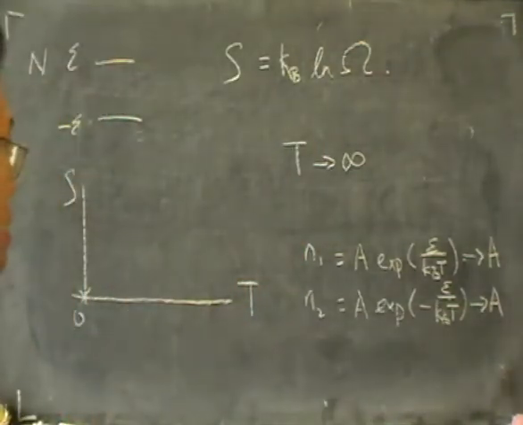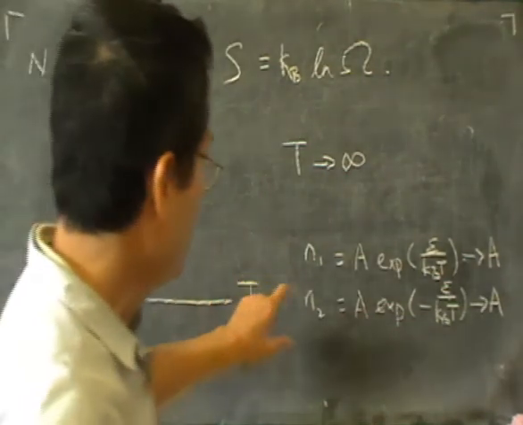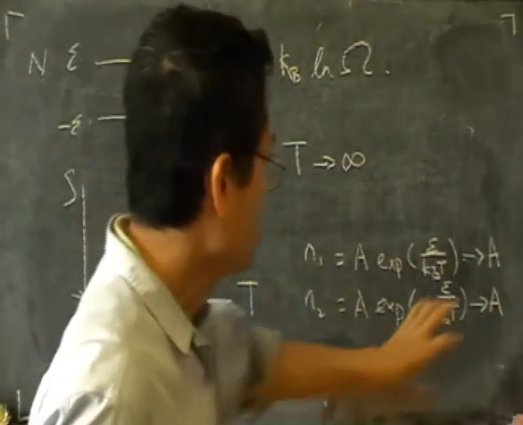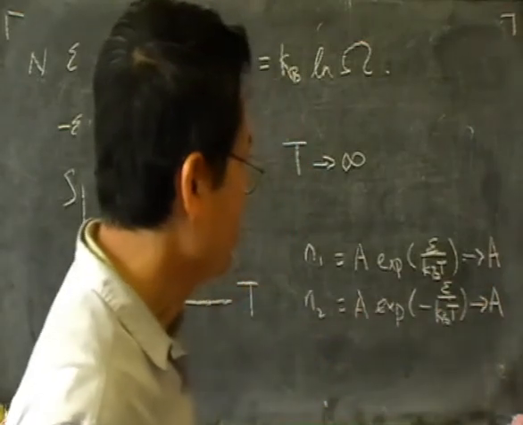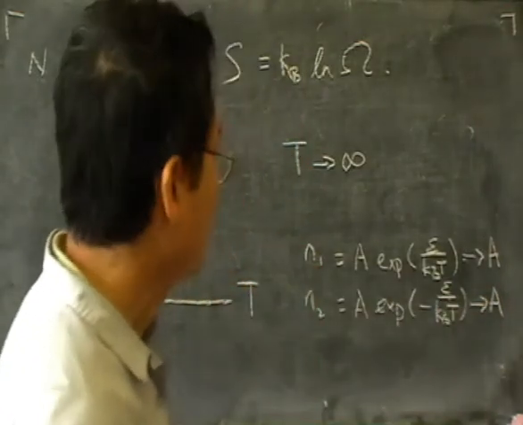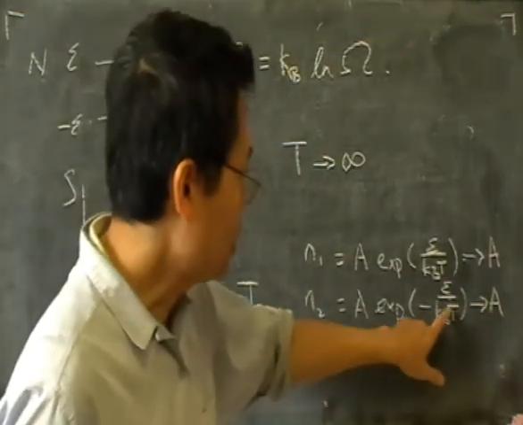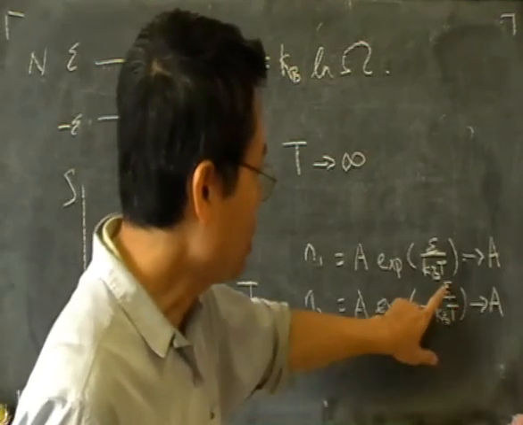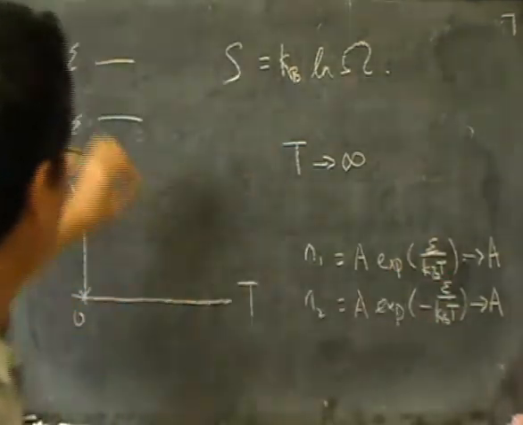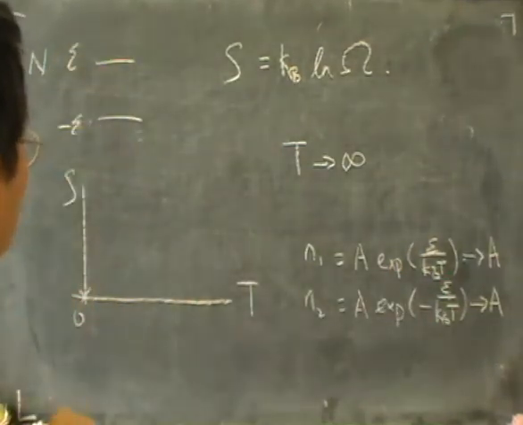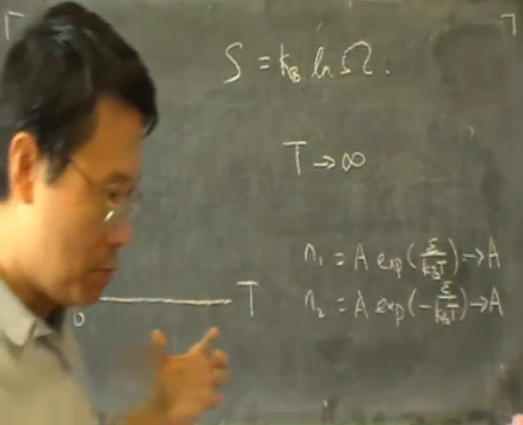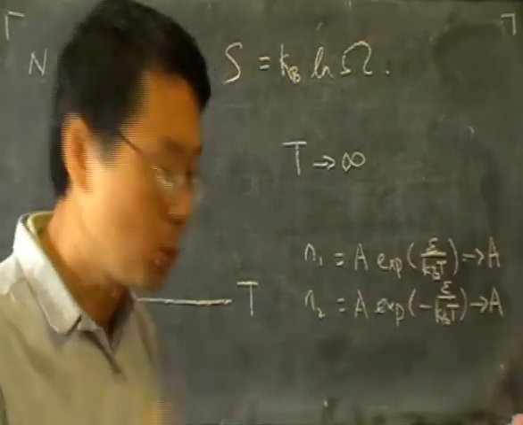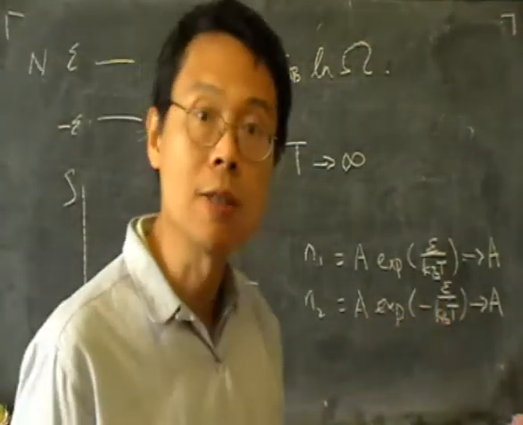One thing is to understand why the Boltzmann distribution gives equal amounts in both levels. If you look at the exponential, as t becomes very big, e over t becomes very small. The e here corresponds to the spacing between the two levels. This spacing becomes very small compared to kBT.